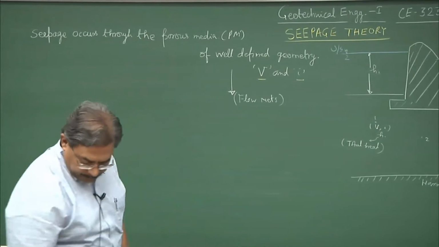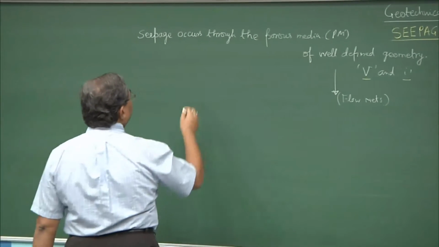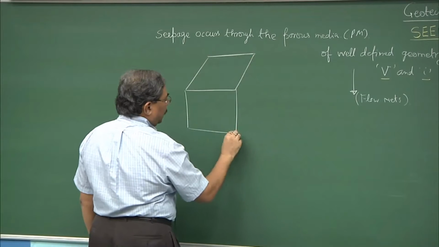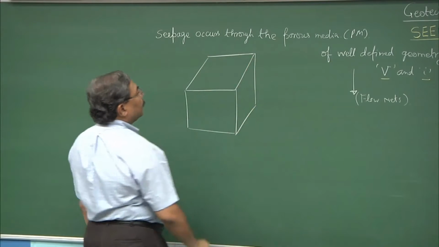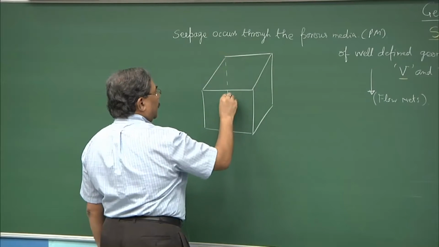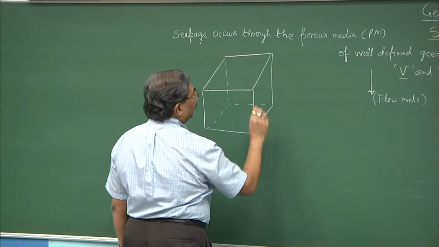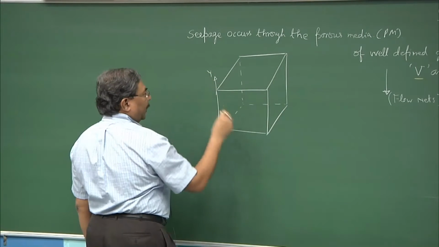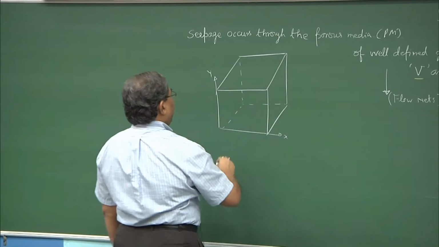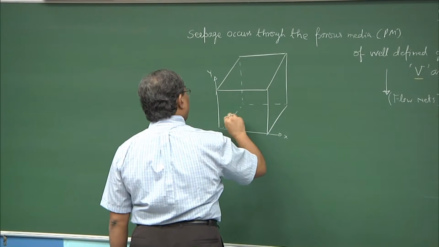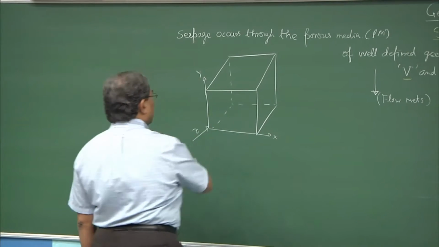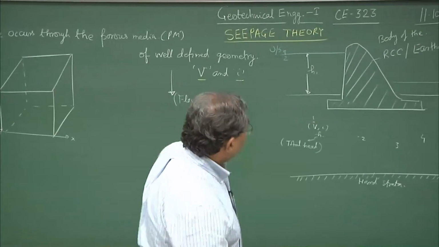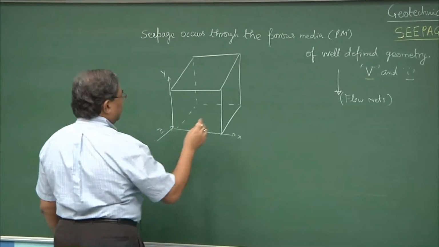So, if I consider a control volume, this is the control volume, and if I define y, x and z, these 3 directions, what I am interested in is finding out how much flow is entering in all the 3 directions.